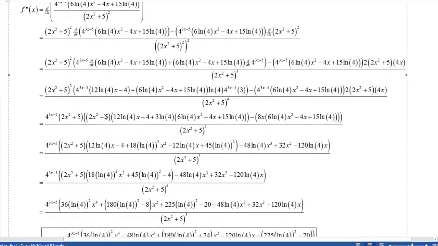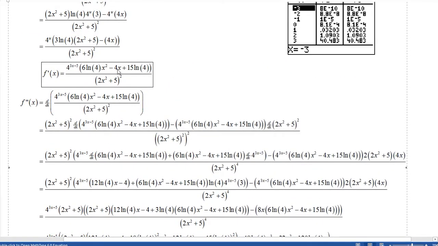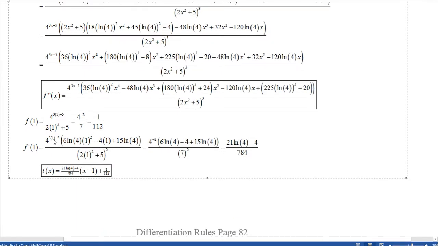Go to this first derivative and plug in 1 here, here, here, and here, and we get this right here. Okay, so let's work through this. 3 times 1 is 3 minus 5 is negative 2, so this is 4 to the negative 2, which is 1/16. In the denominator, we got 1 squared is 1 times 2 is 2 plus 5 is 7. 7 squared is 49 times 16 is 784 in the denominator.